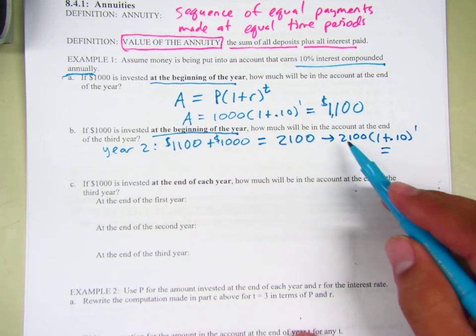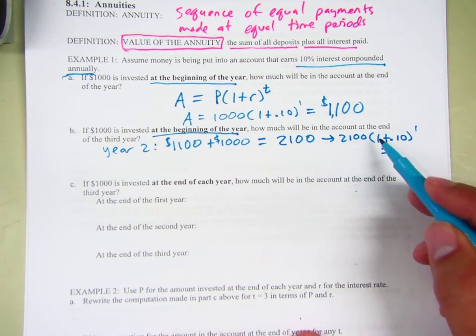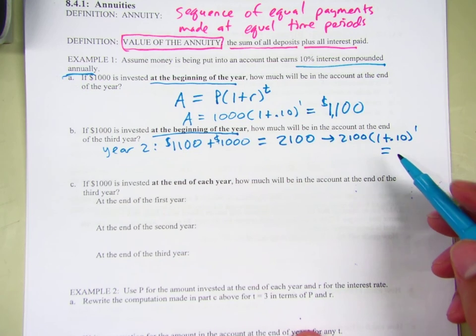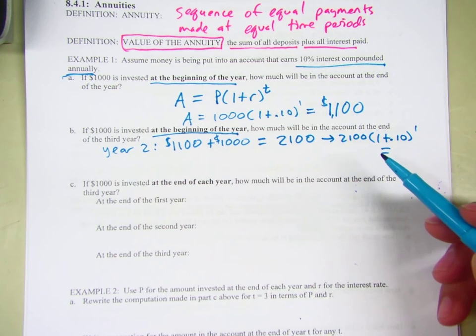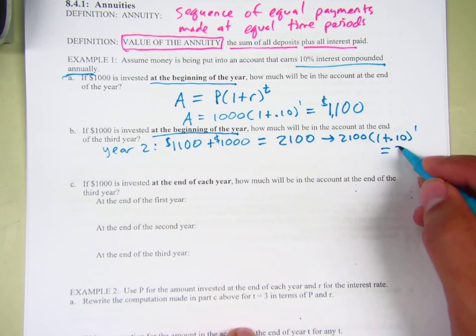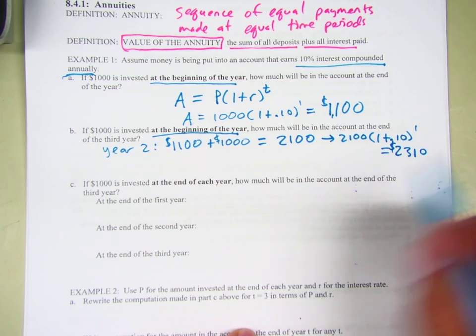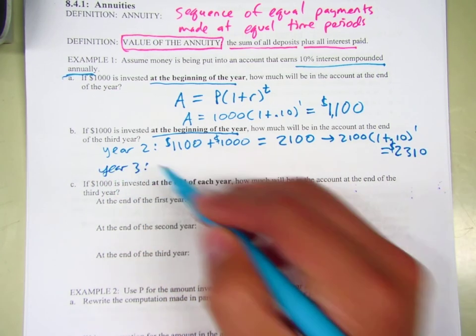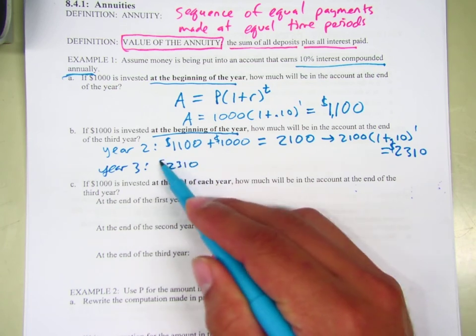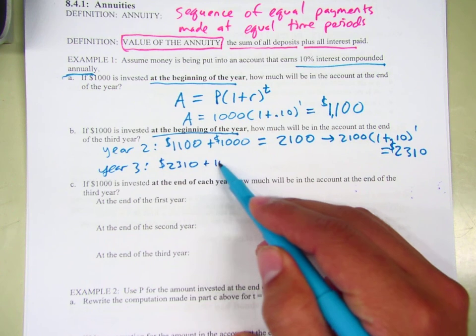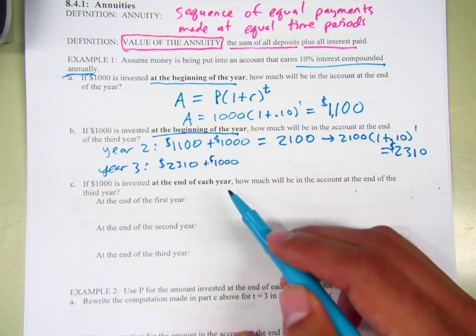And now my account would be what? So 2,100 times 1 plus 0.10, just like we did above, but starting with a different amount now. What is that? $2,310. Great. So now at the beginning of year 3, how much money do I start with? It's $2,310 plus, I'm always depositing $1,000, right? According to this problem.